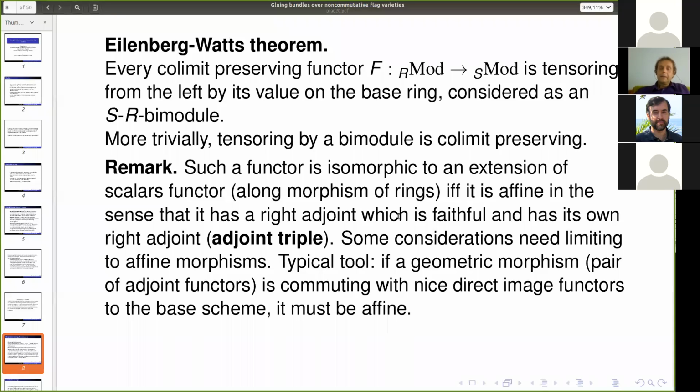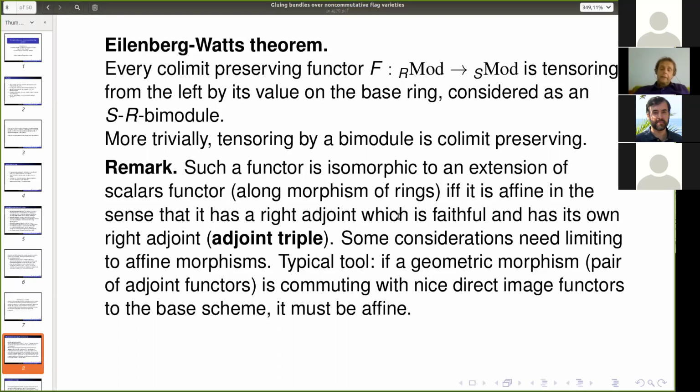And tensoring is tensoring with the bimodule, because you take this S as an S-R bimodule.